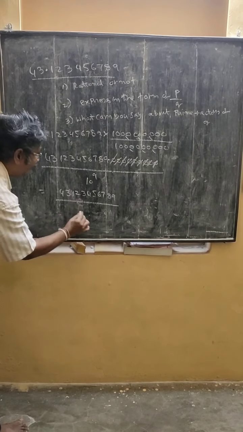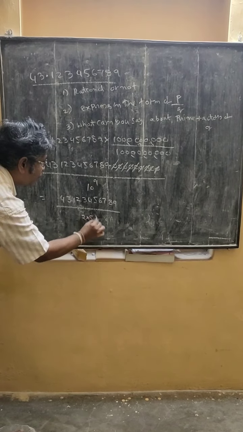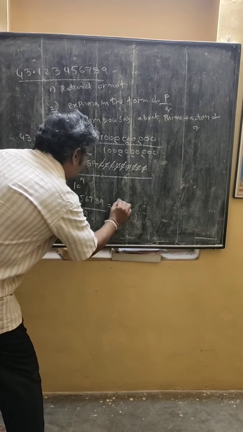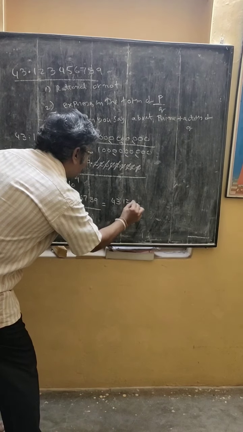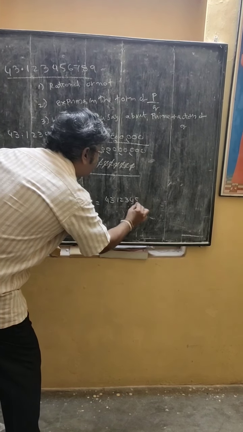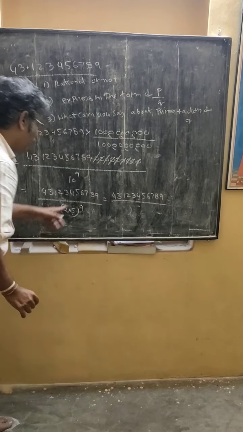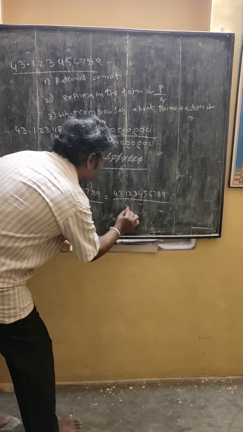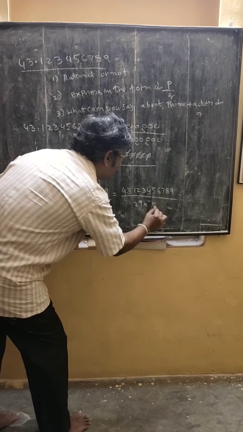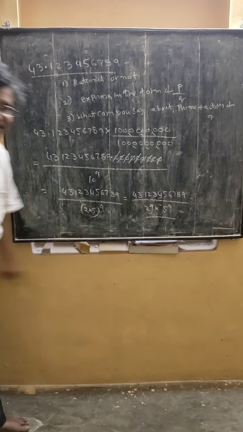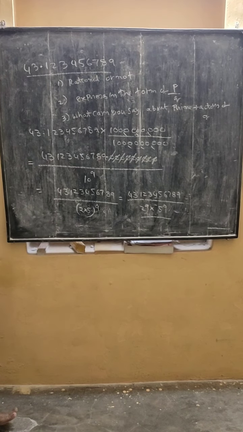How can you write 10? 2 into 5. 2 into 5 whole power 9. So 43123456789 over (2 into 5) whole power 9, which is 2 power 9 into 5 power 9. You see both n and m are equal here in this case.